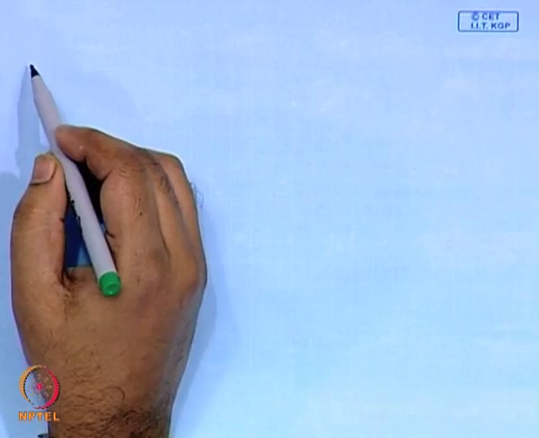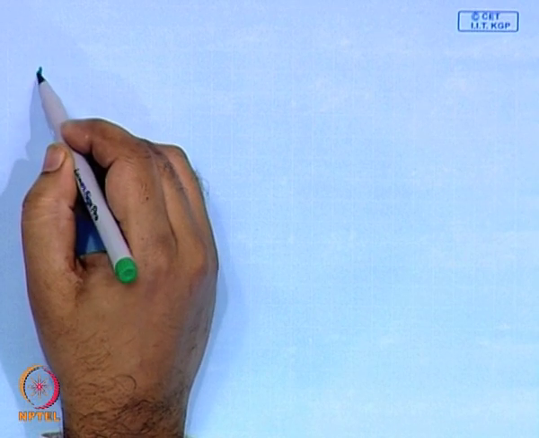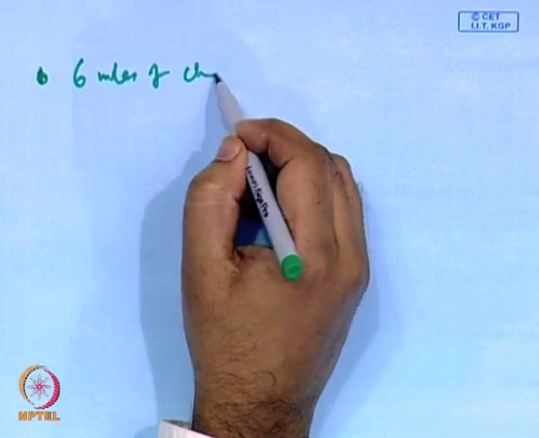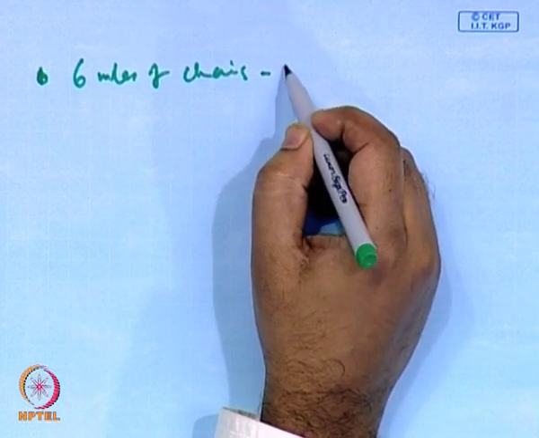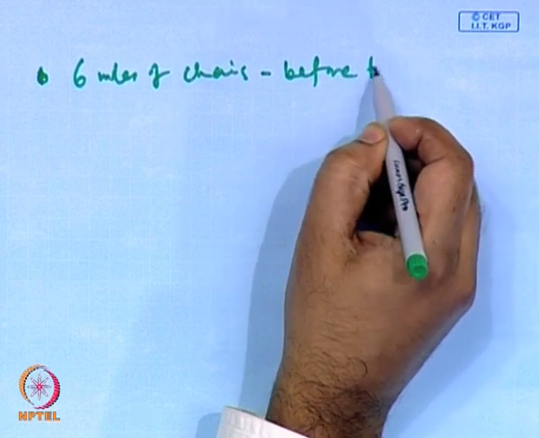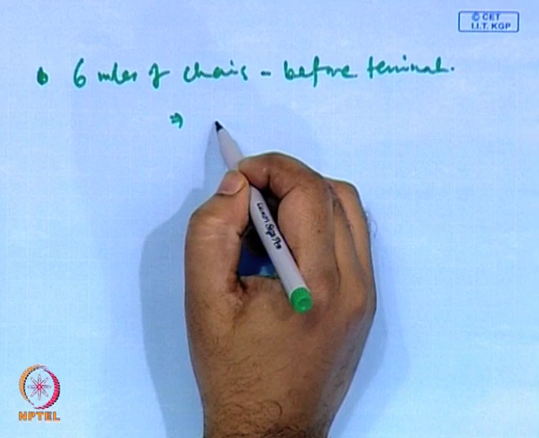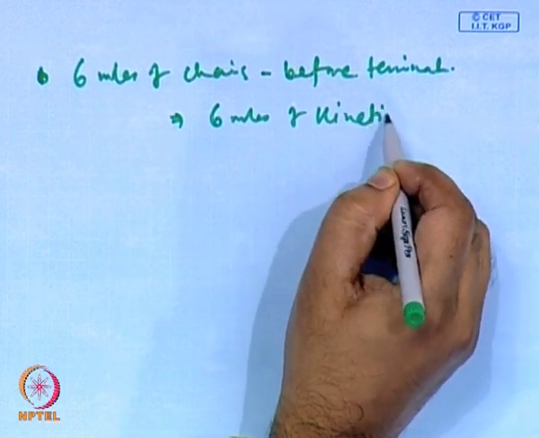Now, there are 6 moles of chains before termination, or otherwise 6 moles of kinetic chains.